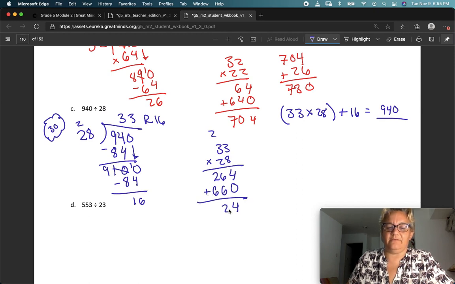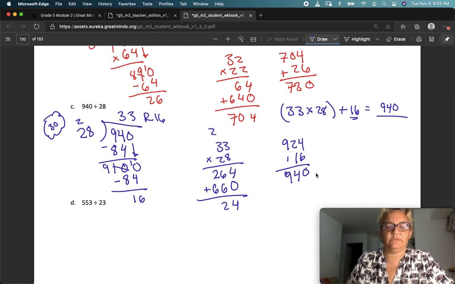And now we have 924 plus 28. Wait a minute, did I make a mistake? No, plus 16, sorry. 16 was our remainder here. And that is 940. Good.